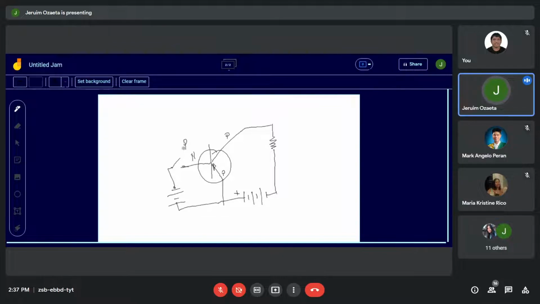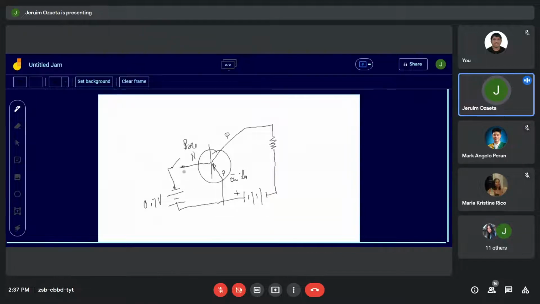Okay, this is the base and emitter. We only need 0.7 volts. And the 0.7 volts as to how many amperes will appear between the base and the emitter will depend on the resistance between the base and the emitter.